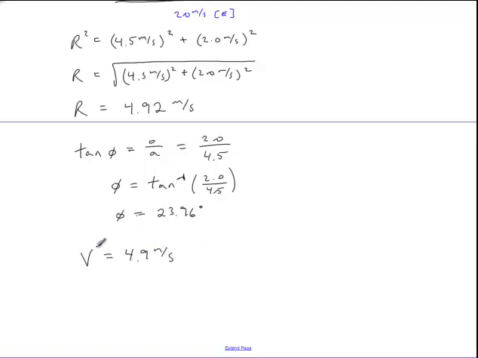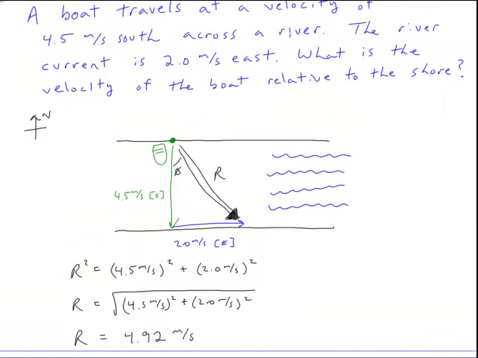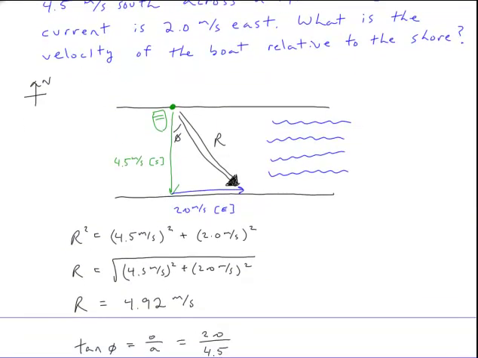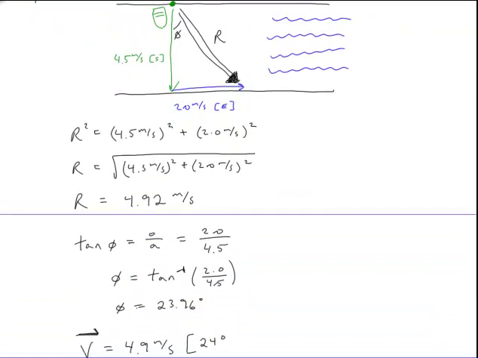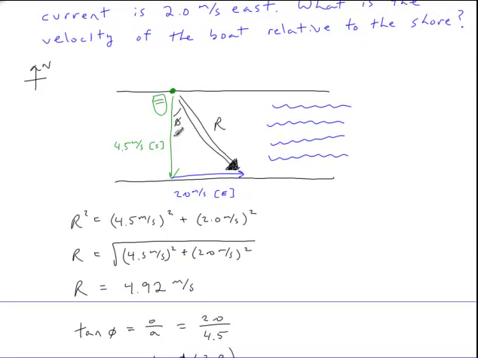However, we want the velocity. Okay, so that's a vector. And we need a direction, which we have right here, and that's 24 degrees. Again, two significant figures. And if you want, add in where it's actually moving.